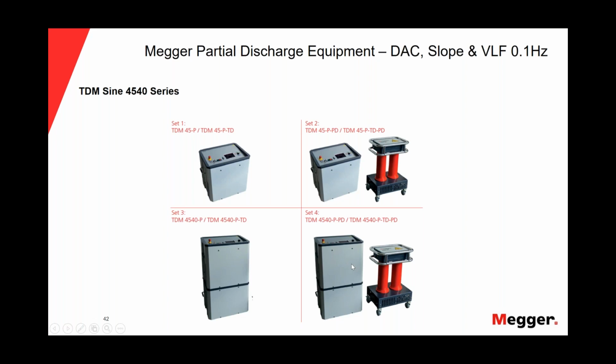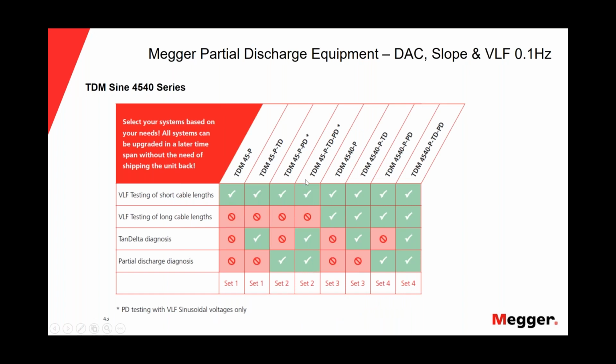We will do the tan delta, and we can do also the partial discharge test with the sinus wave shape, with the damped AC, and with the slope of the cosine rectangular wave shape. So depending on what you are looking for, you can select the options for the TDM Sin 4540 series, and we can provide it.